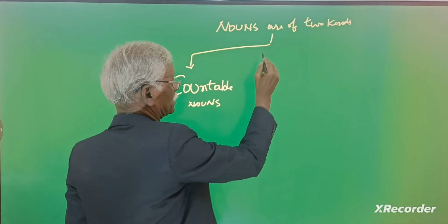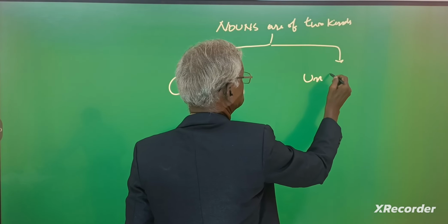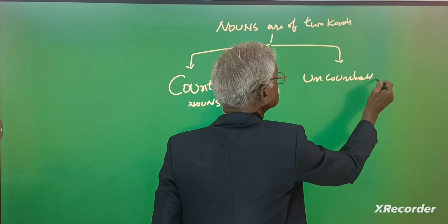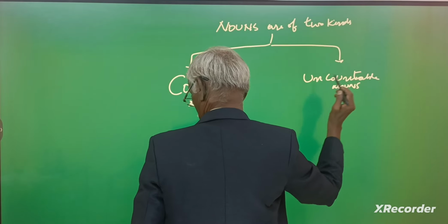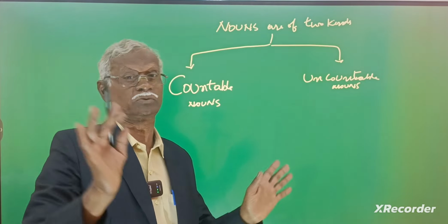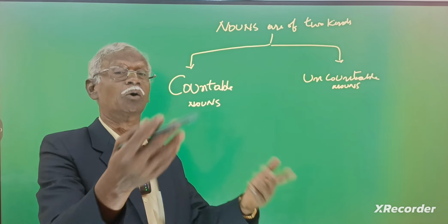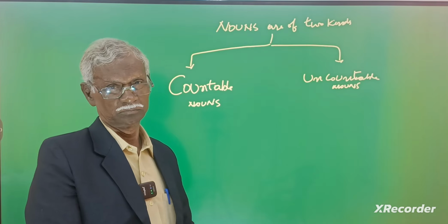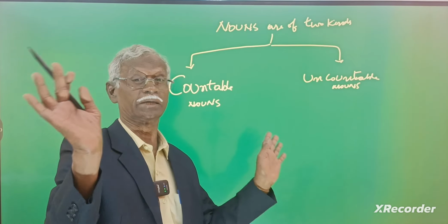Next, the second one is uncountable nouns. Countable nouns means that can be counted easily. Uncountable means that cannot be counted.